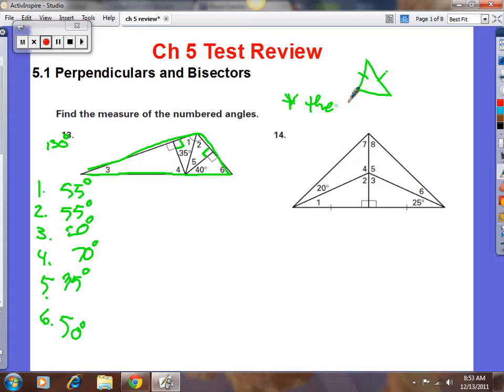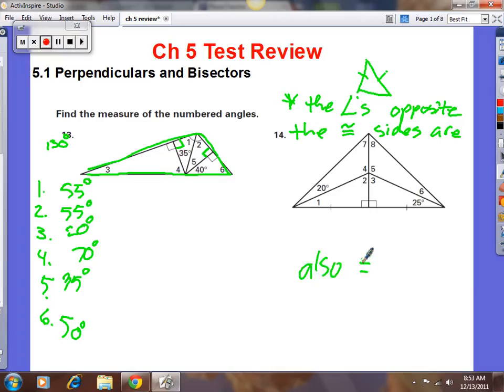The angles opposite the congruent sides are also congruent.